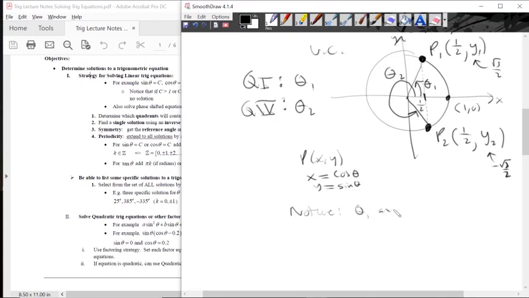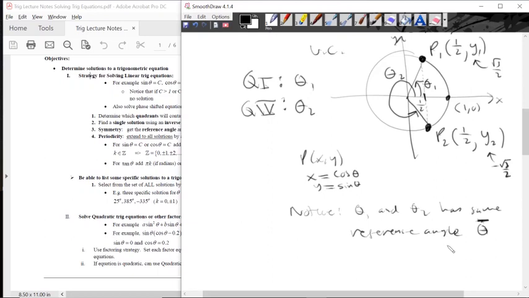theta 1 and theta 2 have to have the same reference angle, and that reference angle we can call theta bar or theta hat. Sometimes the notation theta hat is used for reference angle. I'm going to use theta bar right here.